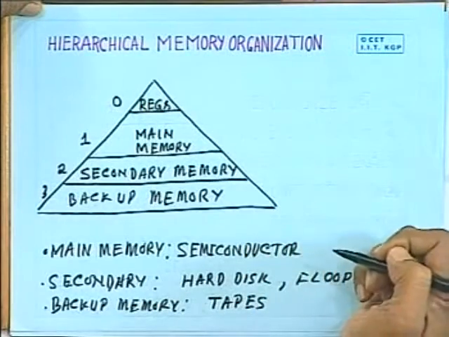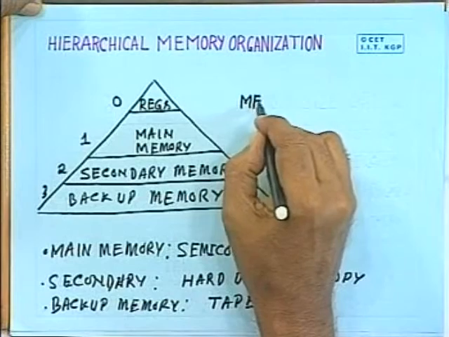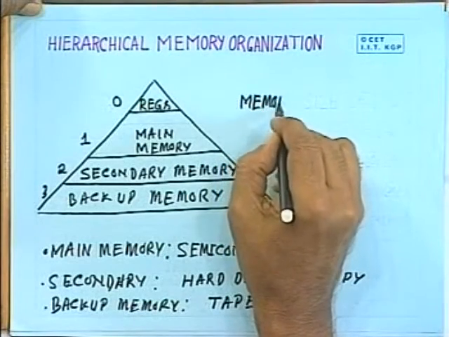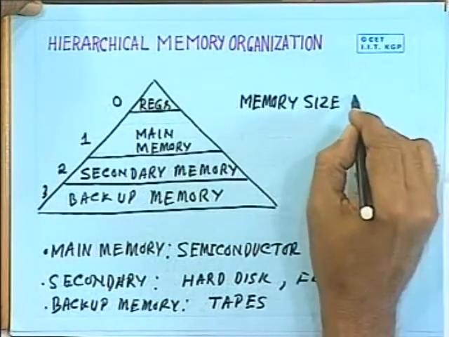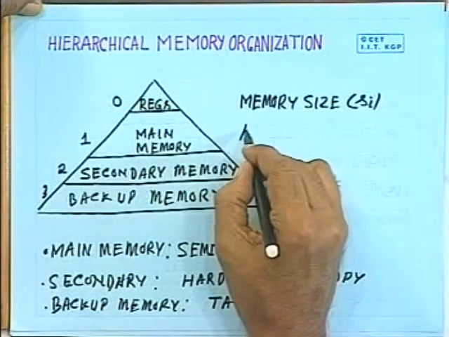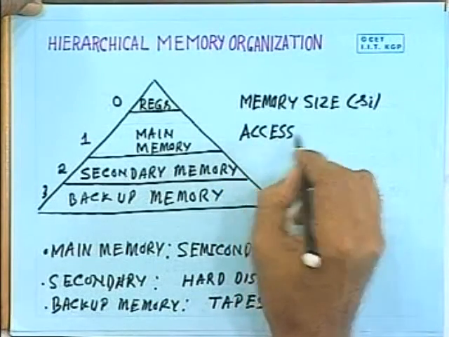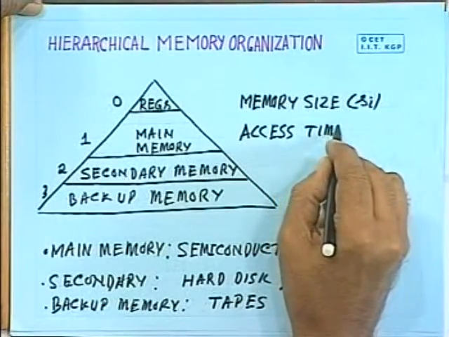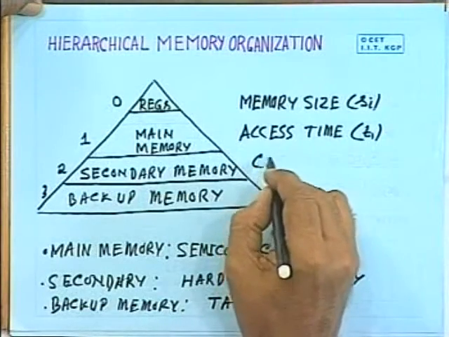Now we can categorize them in terms of several parameters. The most important parameters are memory size, SI, what is the size of the memory that can be used, then access time, TI, then the cost.